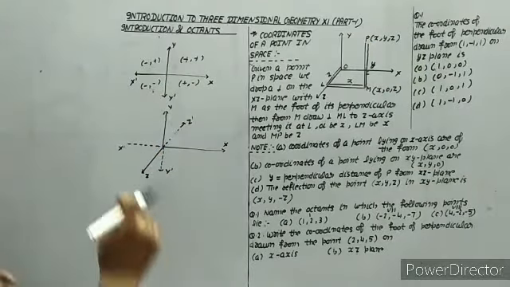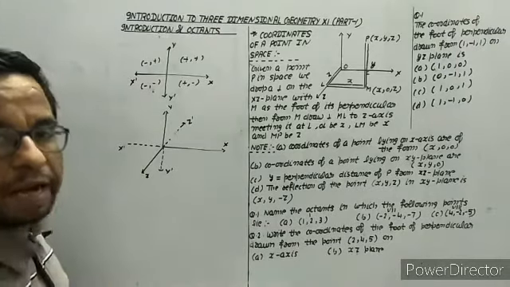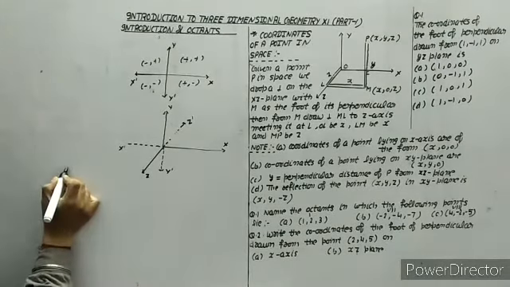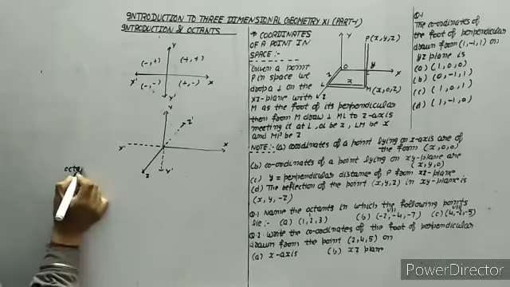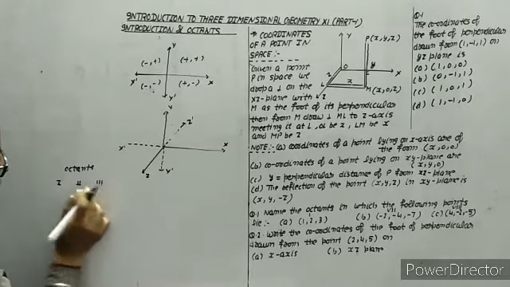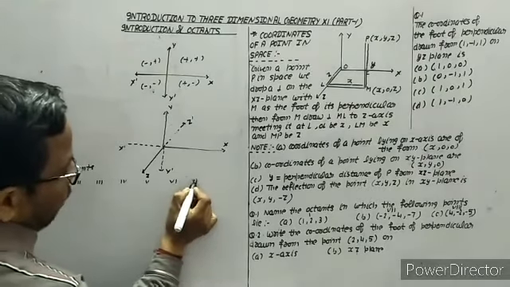Because of these three perpendicular lines, space is divided into 8 parts, and each part is known as an octant. So how will we take the sign convention in these octants?